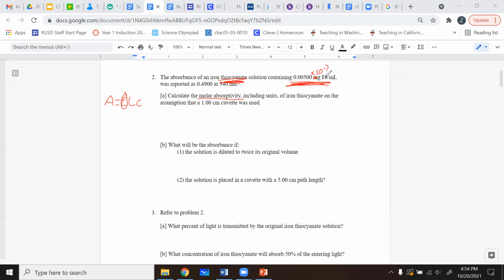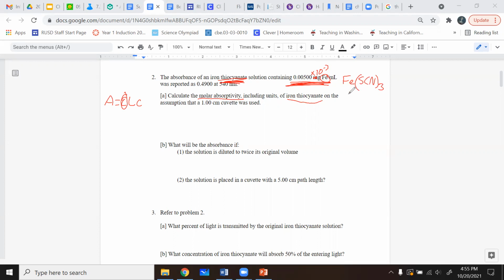The second thing to realize is that this is saying grams of iron per milliliter, but the question is asking about iron thiocyanate as a whole. So once you figure out that iron thiocyanate is FeSCN3, which I'm sure that you can Google and figure out very quickly, then you have to figure out, okay, well, I need to convert to moles of iron so I can figure out how many moles of iron thiocyanate I have.